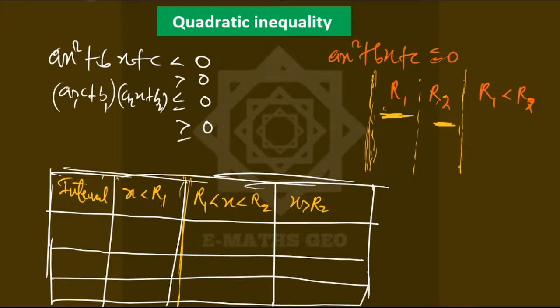So yes, you have to factor it. Or if you solve by the quadratic formula, let's assume it's factorizable. So you now have a1x plus b1, a2x plus b2.